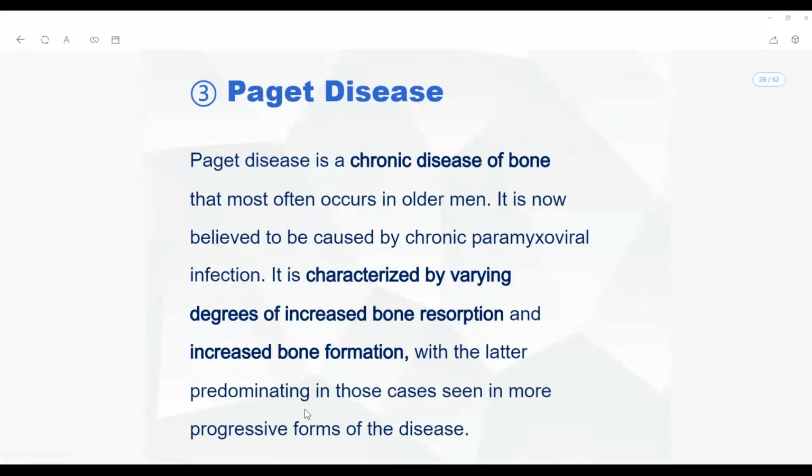That is what we are talking about with Paget's disease. All right. So it is a chronic infection of the bone, characterized by increased activity of the osteoclasts and the osteoblasts. Or in other words, increased bone resorption and increased bone formation, right? So that is how Paget's disease is.